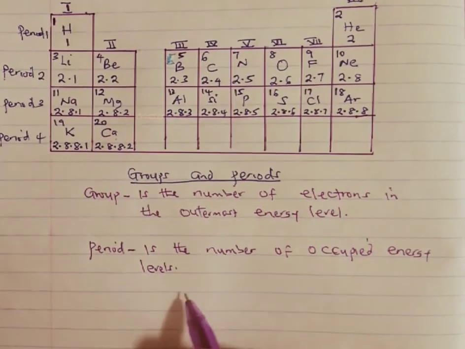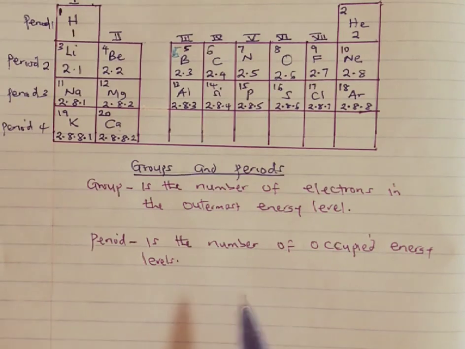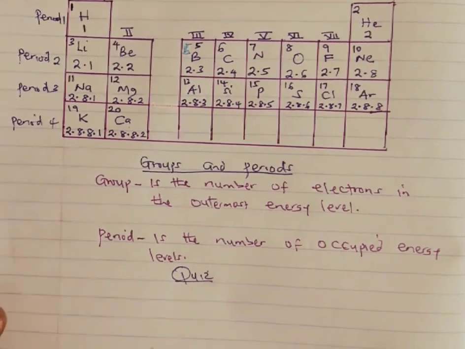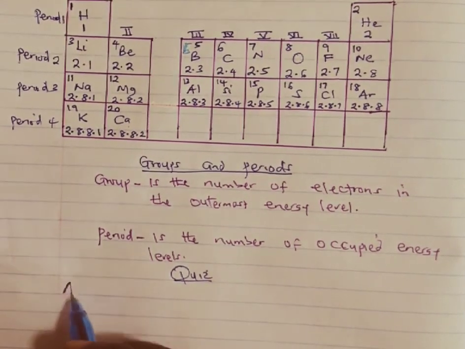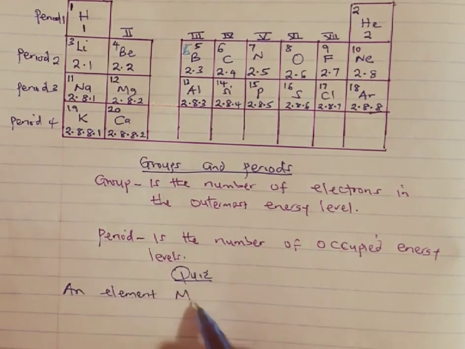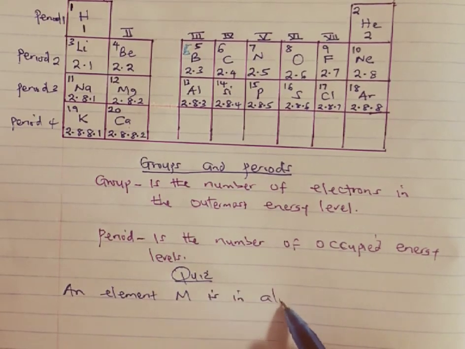So let us look at a question. You can be given a question like this. An element, for example, an element M is in atomic number 19.